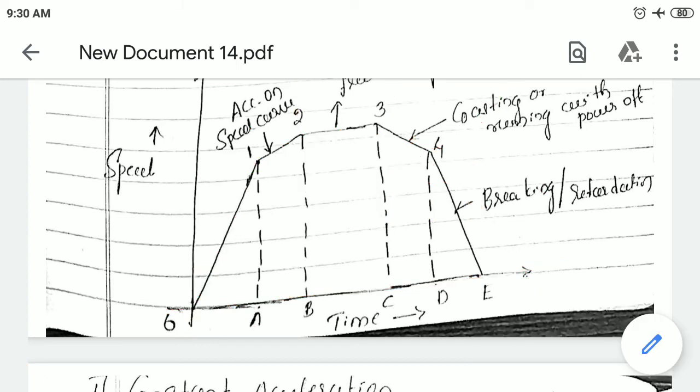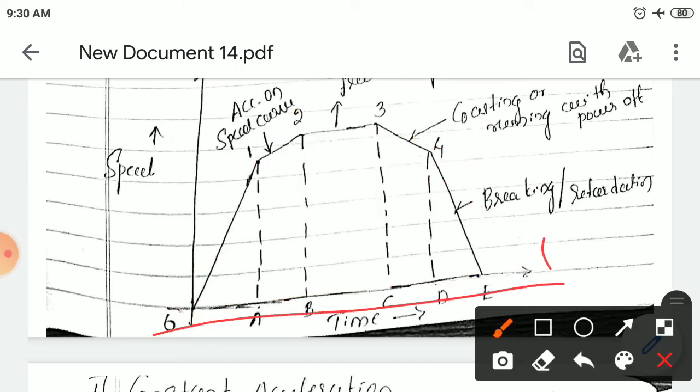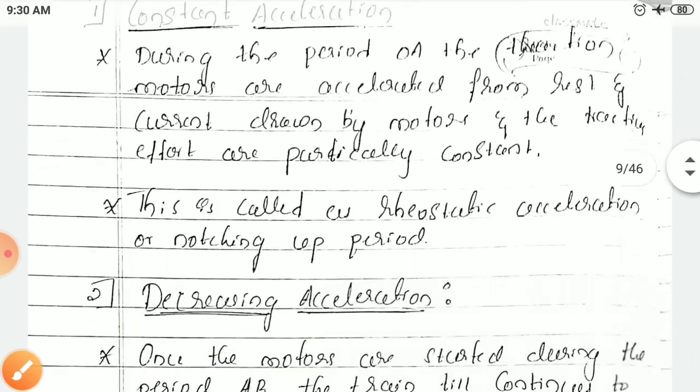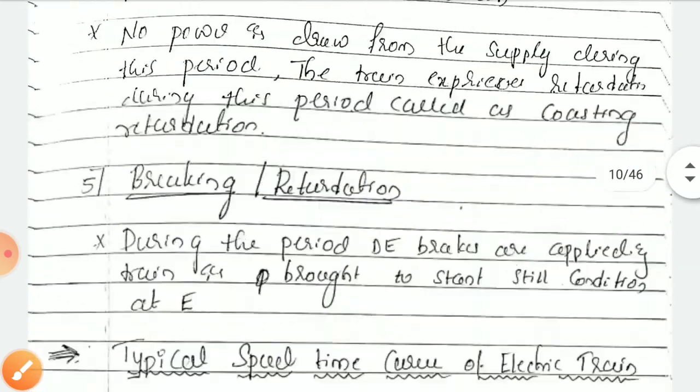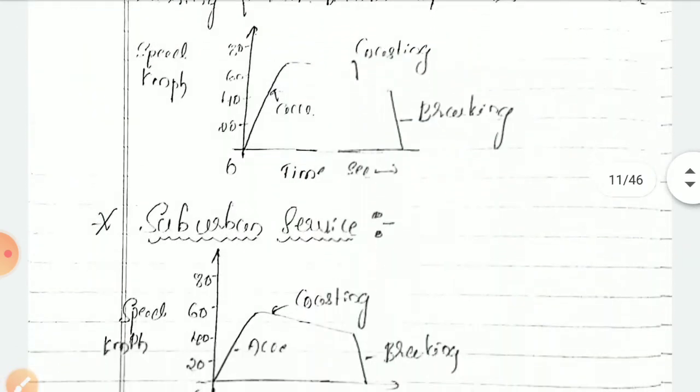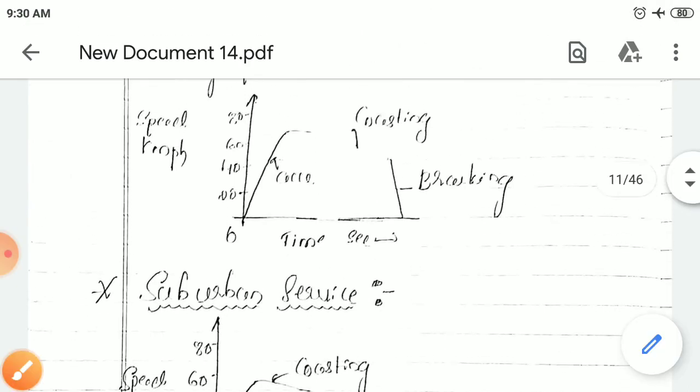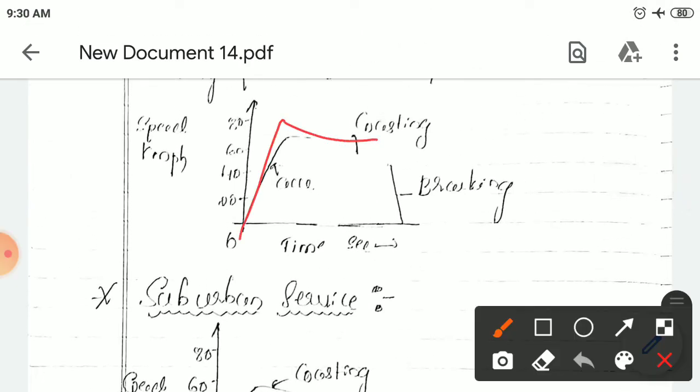The train is brought to standstill. As the distance between two stops is much higher, the mainline service consists of acceleration, decreasing acceleration, free running, coasting, and braking periods. Whereas in the city service, the train is accelerated, power is turned off, and brakes are applied.